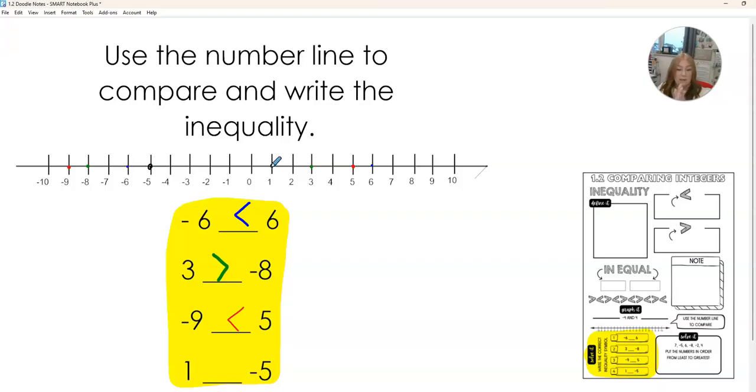So I can see 1 is on the right. 1 is greater than -5. So we can see, right, more to the right, bigger. So the biggest one we had was +6, and the smallest one was -9. So thinking about where they are on that number line, right, bigger, left, smaller. So make sure you have answered those.